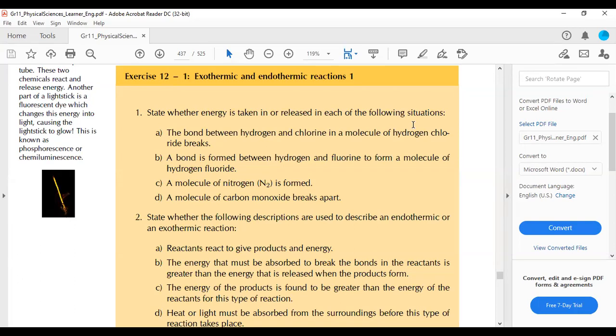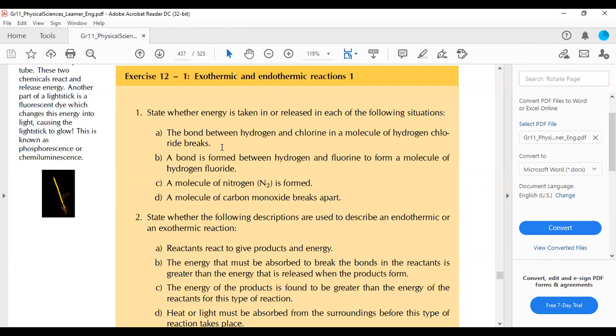It says the bond between hydrogen and chlorine in a molecule of hydrogen chloride. Is the energy taken in, or is the energy being released? So here the bond between hydrogen and chlorine in a molecule of hydrogen chloride breaks.